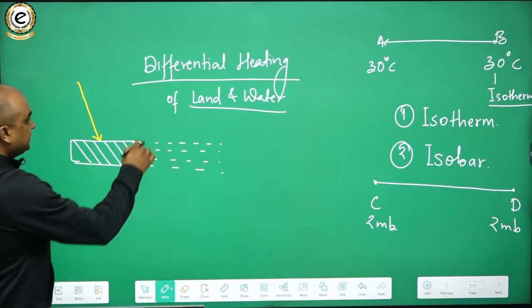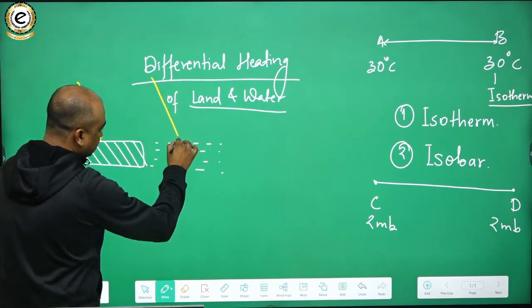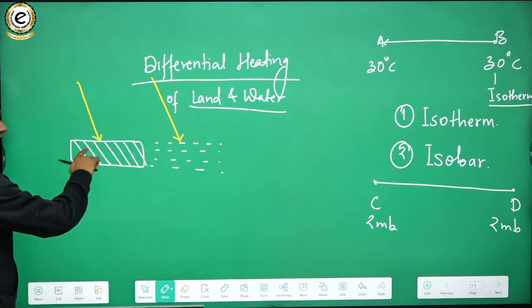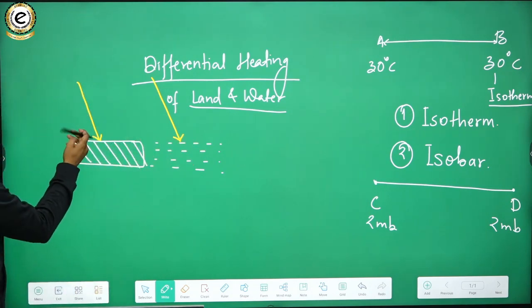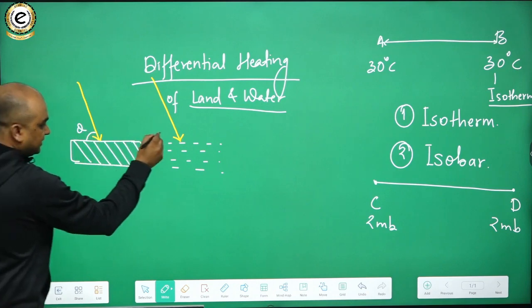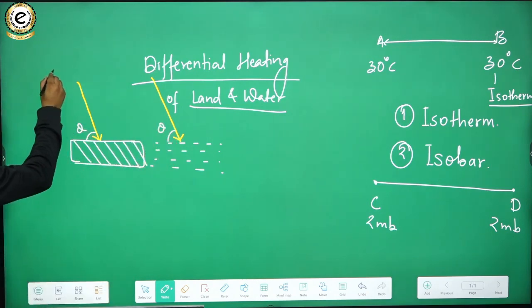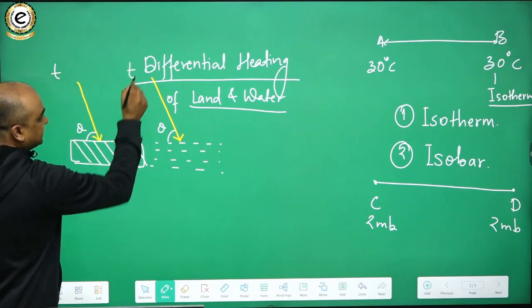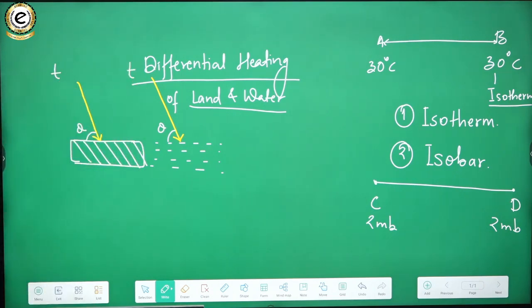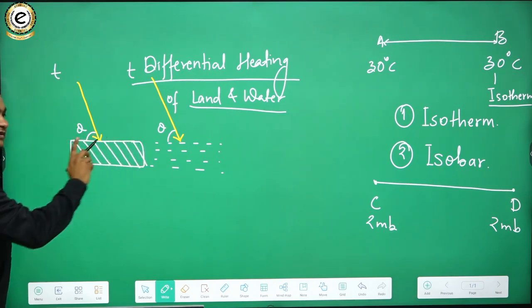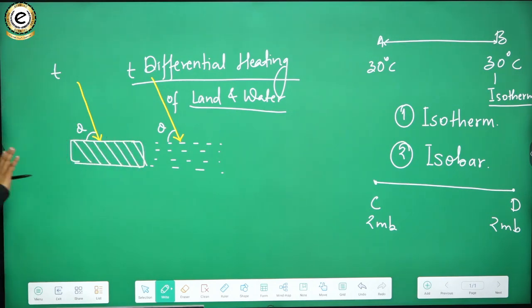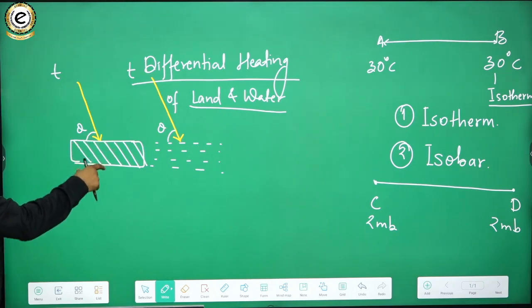Let's assume that the ray is incident upon both land and water at the same angle, because if this angle is theta, then this angle is also theta, and for the same duration, say t. T is the time duration. It means the angle of sun rays and the length of the day, both are constant in both the cases. The only thing that differs in these two cases is the surface upon which the ray of light is incident.